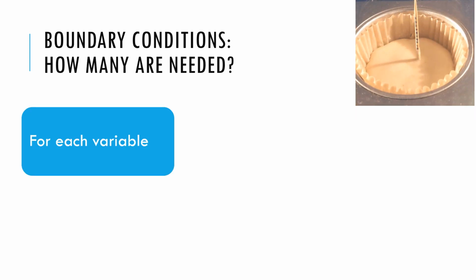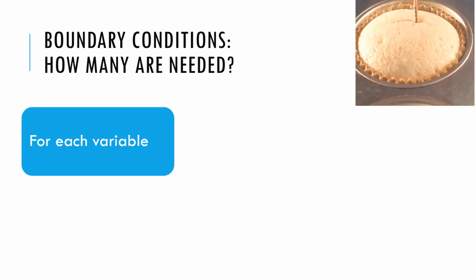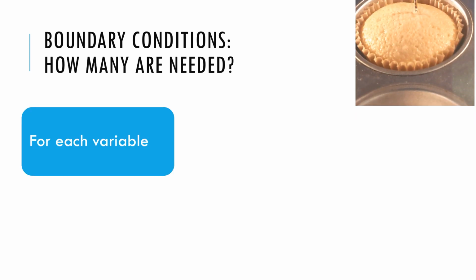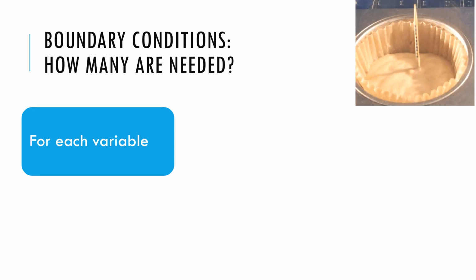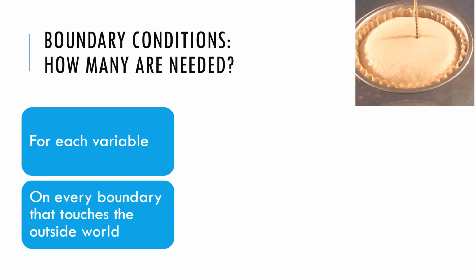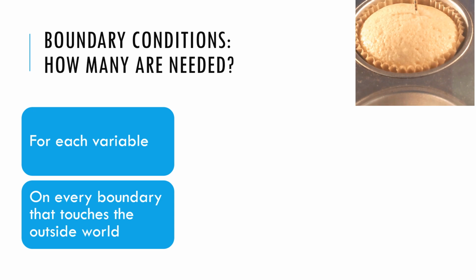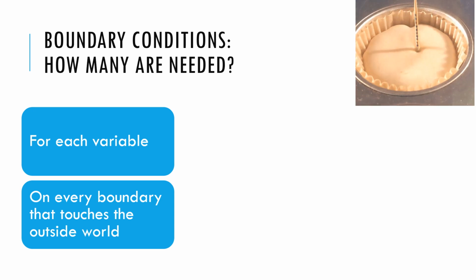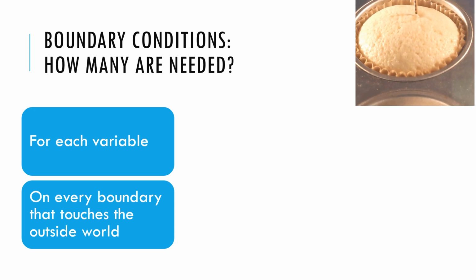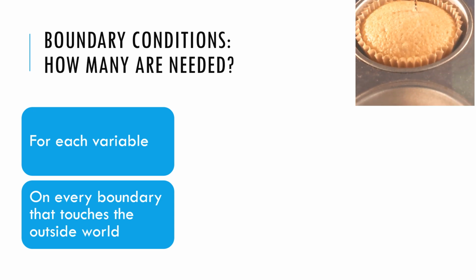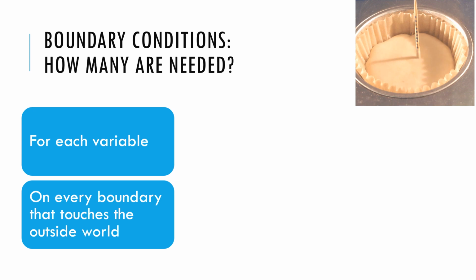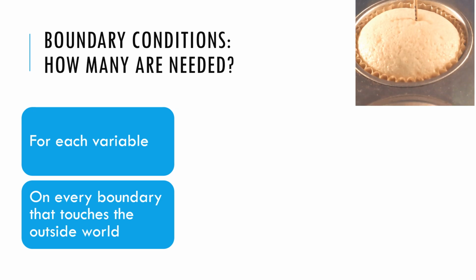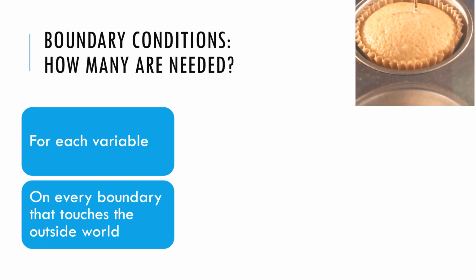So for example, we need a condition for each variable at the boundary, and we need this condition for all the boundaries of the domain over which we are computing. So here's an example I chose of one of our cake baking models, cupcake baking models.